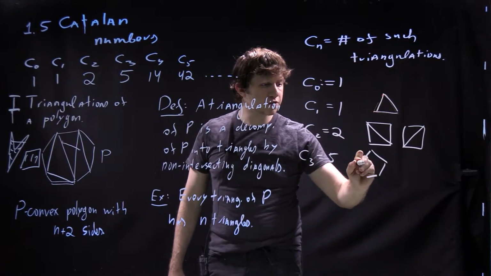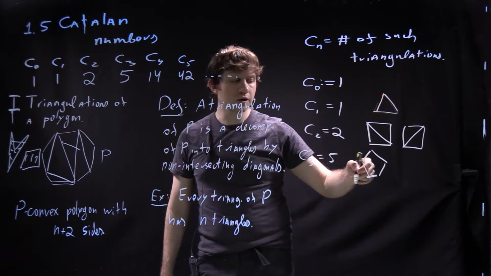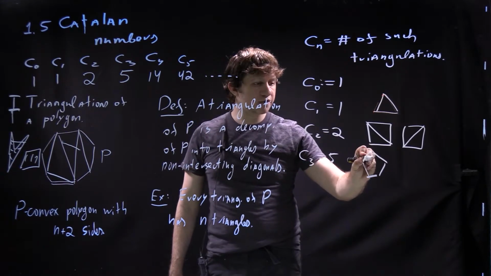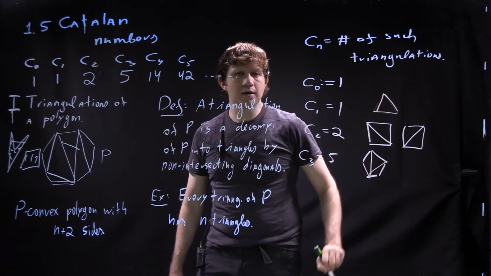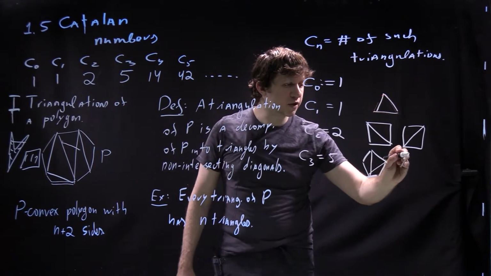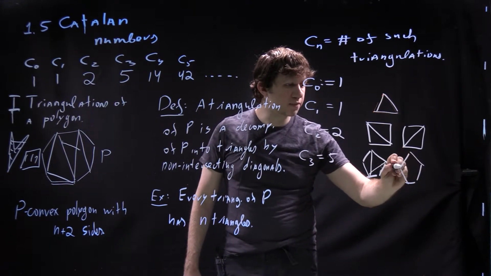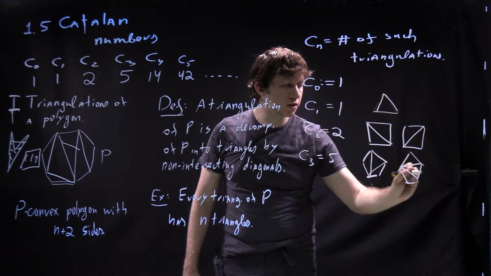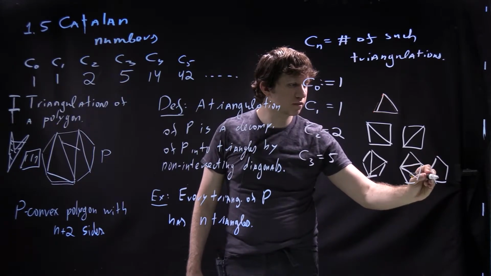So the next interesting case is C3 equal to 5, and for this, you can take a picture which is a 5-gon. If you take a pair of diagonals, they will always share one vertex. So there are 5 triangulations which are obtained one from another by a rotation.